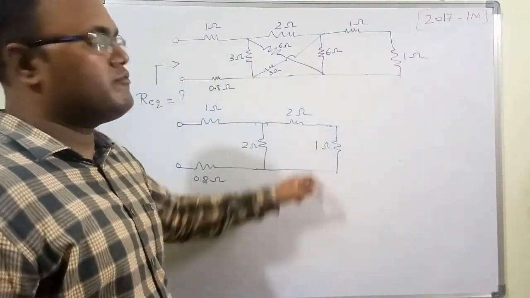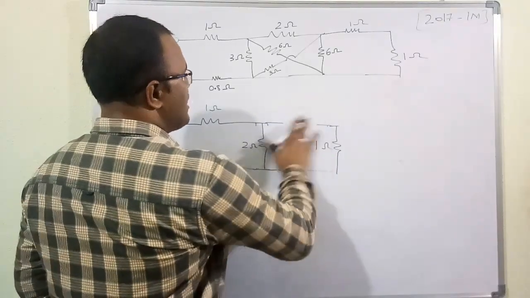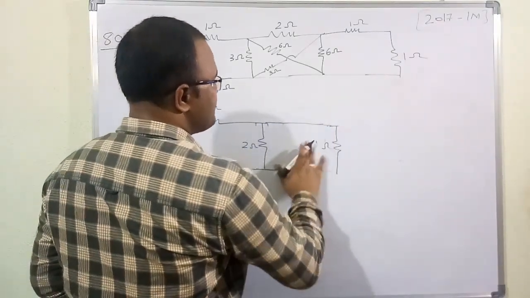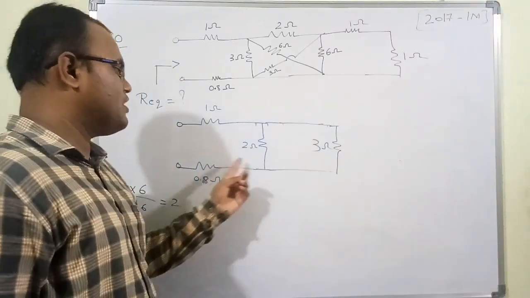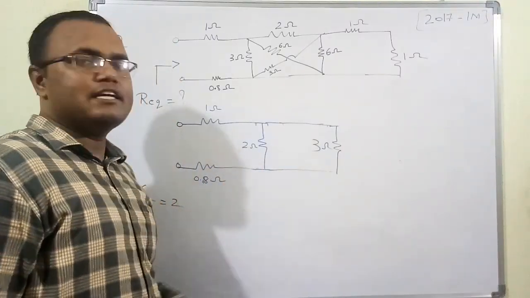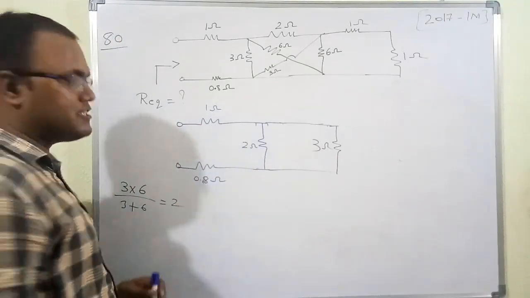And 2 ohm and 1 ohm are in series connection. Therefore, 2 plus 1 is equal to 3 ohm. So I am going to replace it by an equivalent circuit which has a resistance of 3 ohm. Again, if you see, 2 and 3 are in parallel. Therefore, 1 plus 1 and 0.8 are in series.